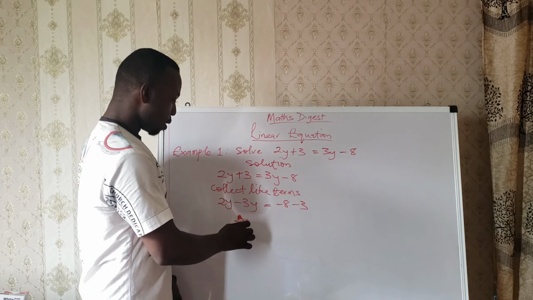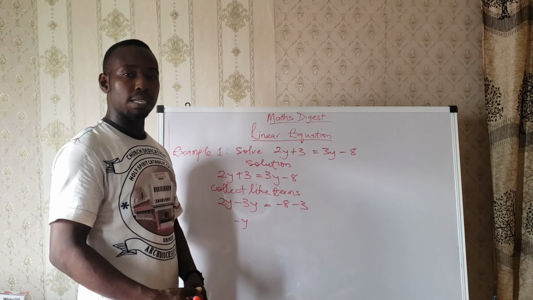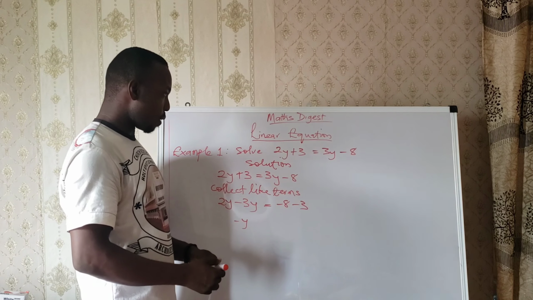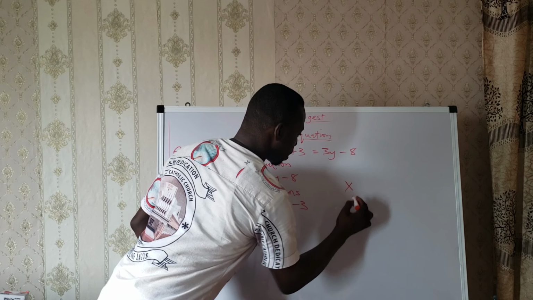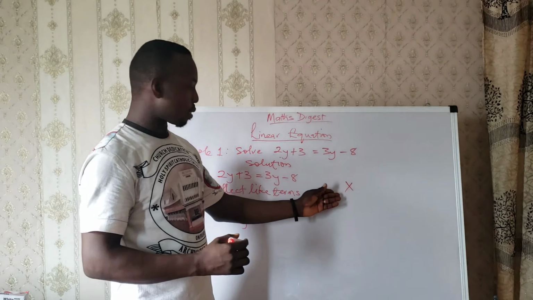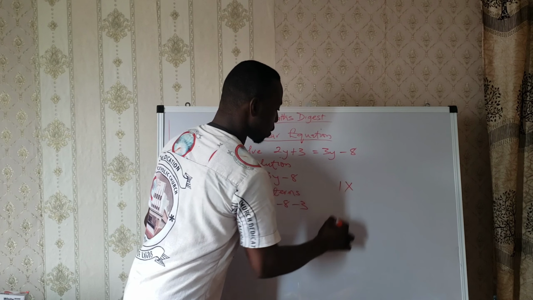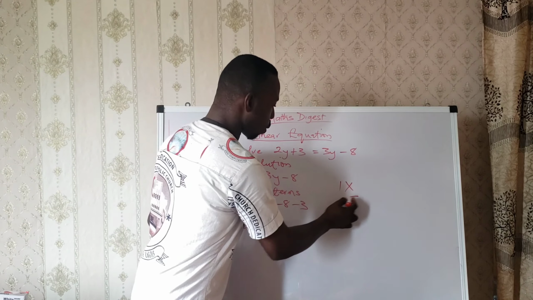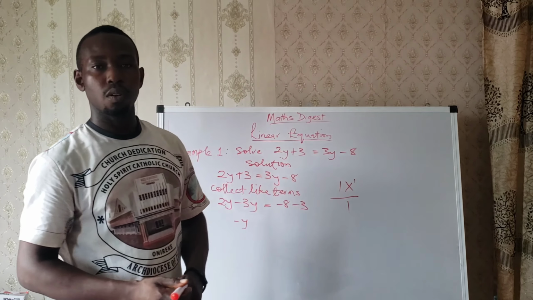Normally, I would have written minus 1y. But in mathematical expression, whenever any variable exists, let's say y exists now, it's expected that this y has a coefficient of 1. It's divided by 1. And it has power of what? 1. Okay?